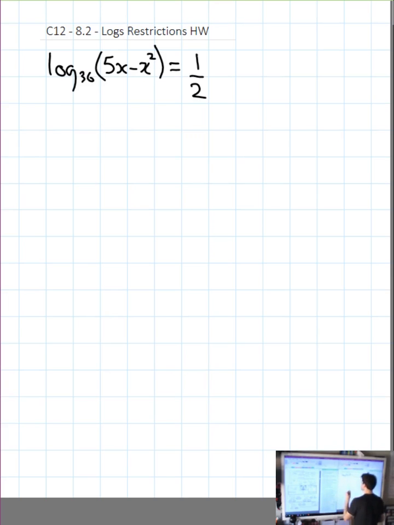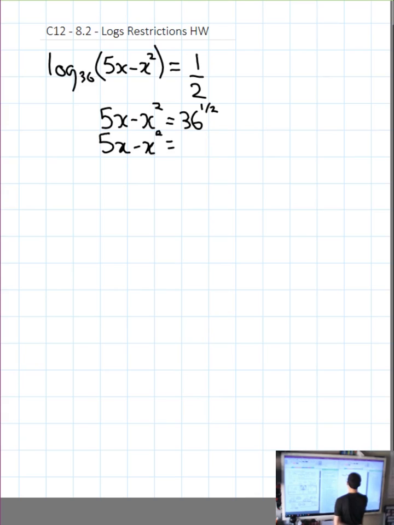So if I change to exponential form, I know 5x minus x squared is equal to 36 to the 1/2, changing from log form to exponential form. And if I work on the right-hand side, 36 to the 1/2, well, what's that?